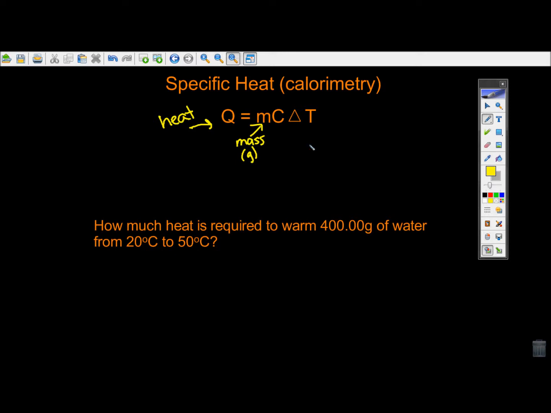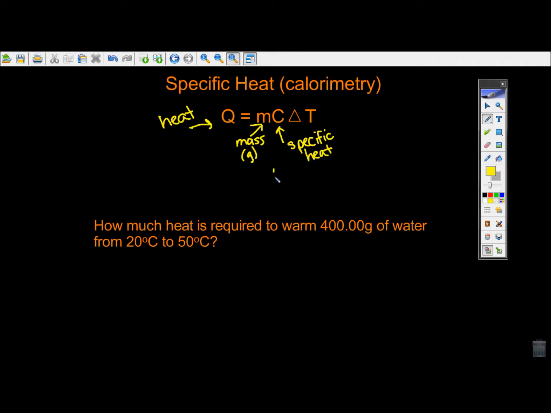Oops, that's a G. And C is your specific heat, which is usually a given value that you'd have to look up, or they give you everything else and you have to solve for that, but usually you have to be given this specific heat. Or heat capacity, sometimes it's called heat capacity.